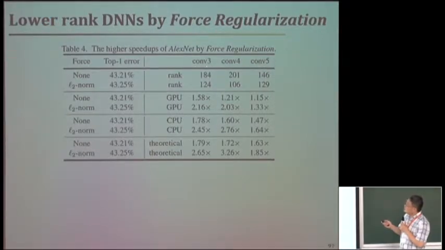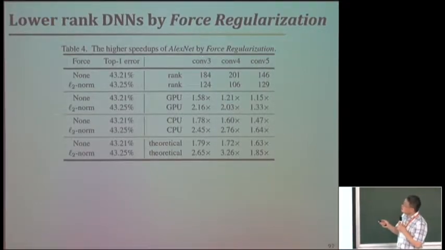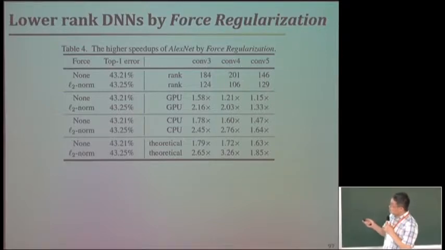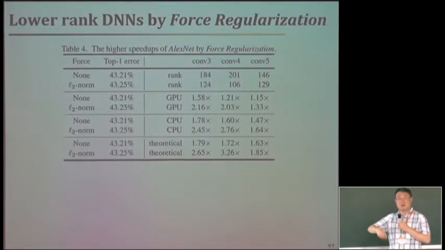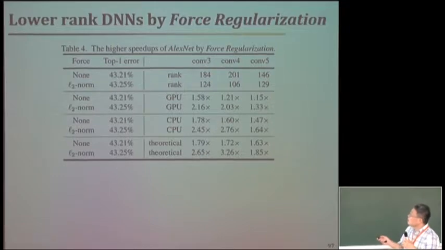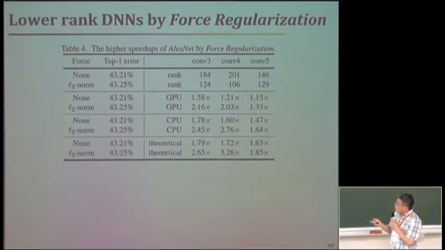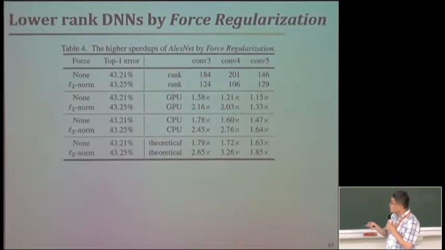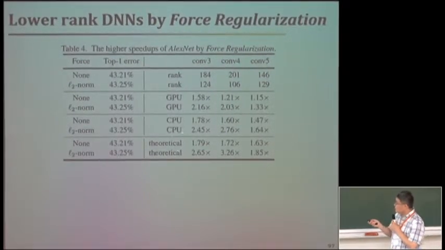However, for the deeper convolutional network, you'll see a significant improvement in speedup, which means we remove a lot of redundant information. And the top-one errors are very similar, slightly higher, but very similar. But the speedup is actually pretty high.